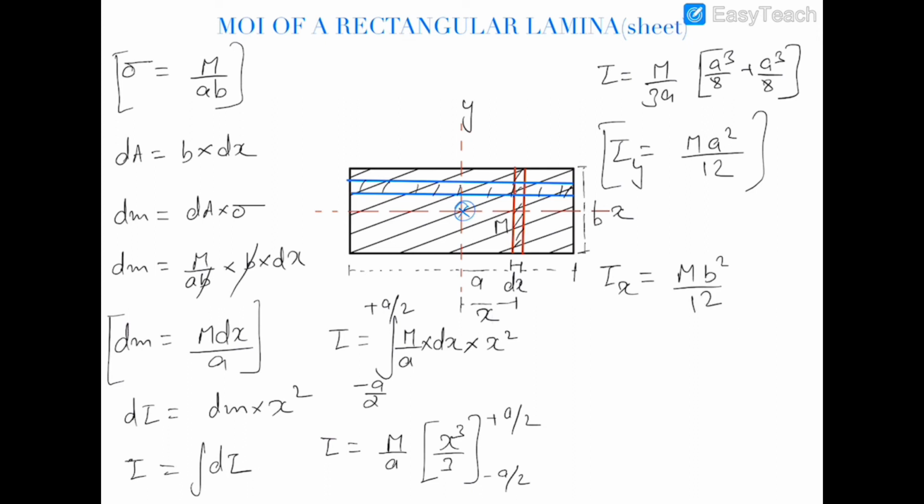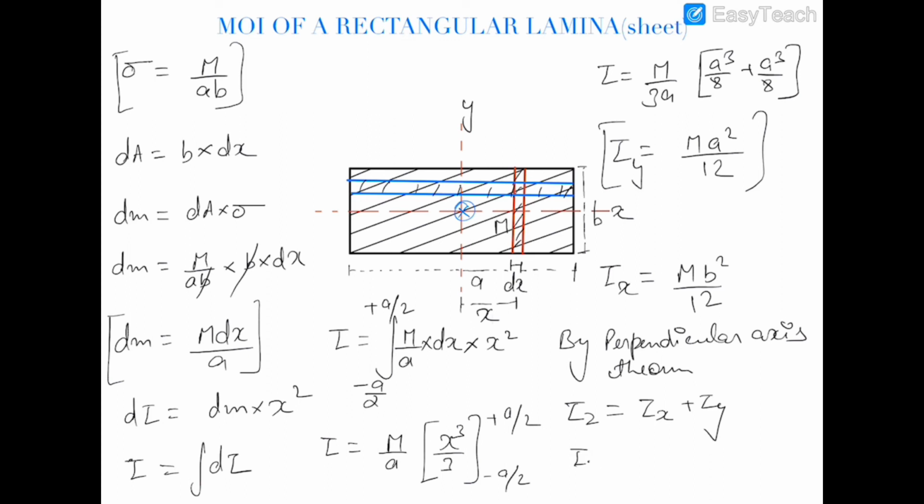So we know by the perpendicular axis theorem that Iz will be equal to Ix plus Iy.